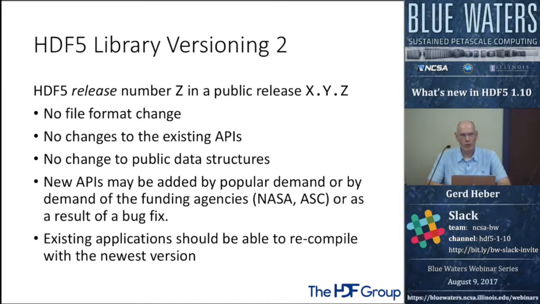There are also no changes to existing APIs. I have some URLs for you later where you can look at the C API, for example, or the Fortran API and so forth. Within a change of the Z, the release number, there are no changes to existing APIs.